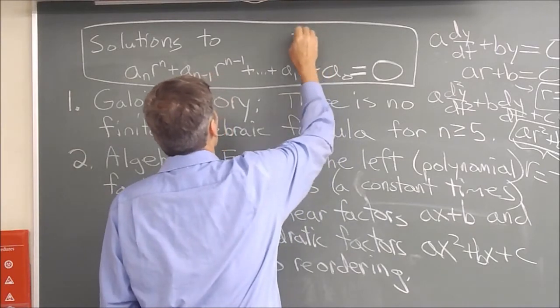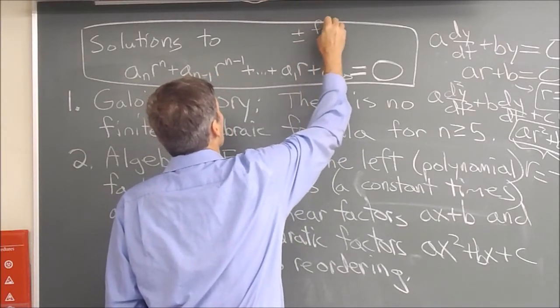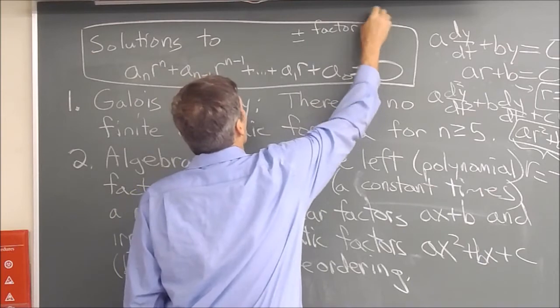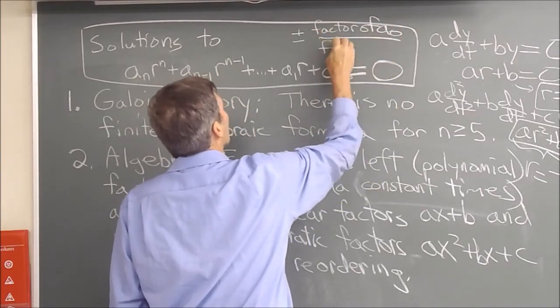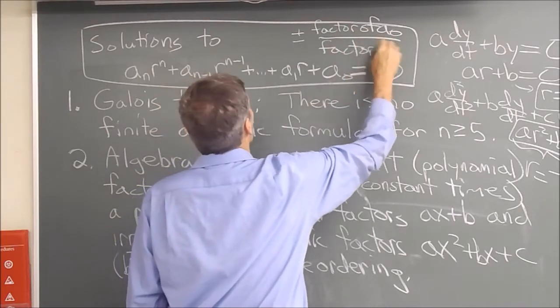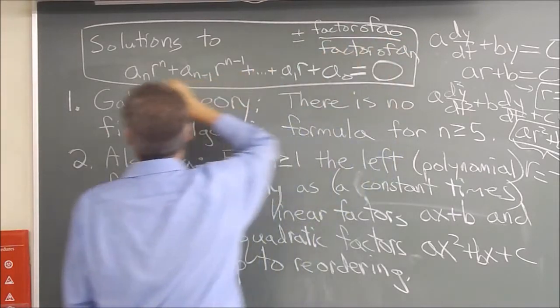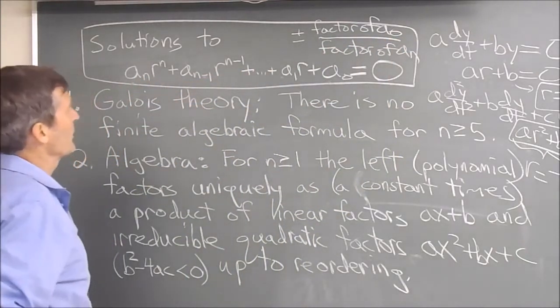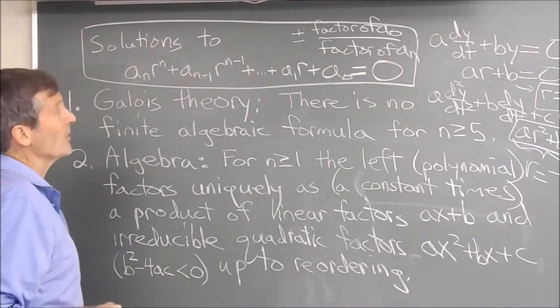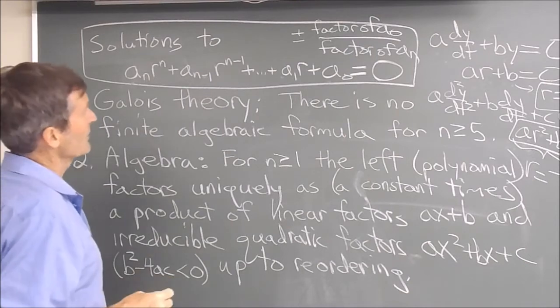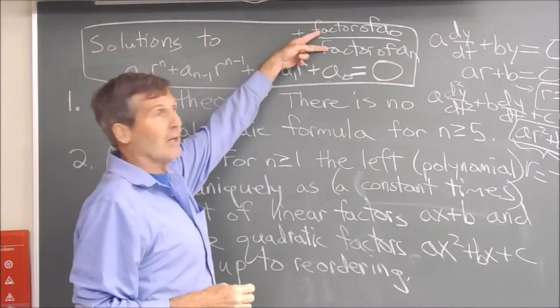And it's always plus or minus a factor of a0, the constant term, over a factor of an, the coefficient of the dominant term. And if there are any fractions, this will get all of them.